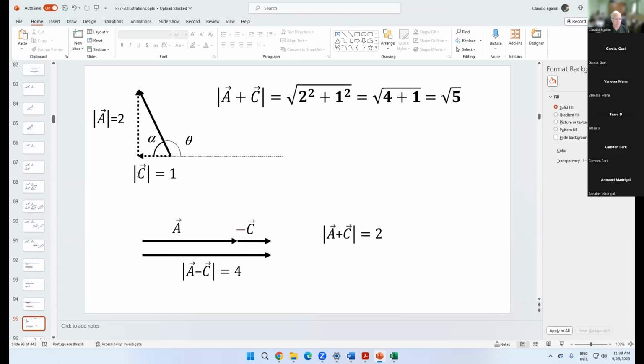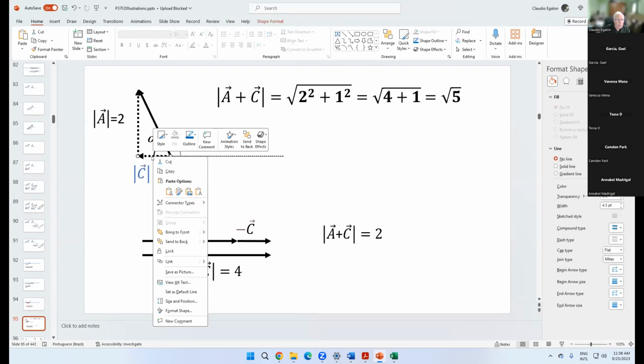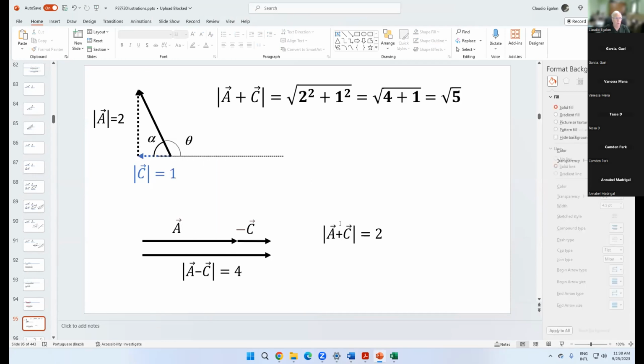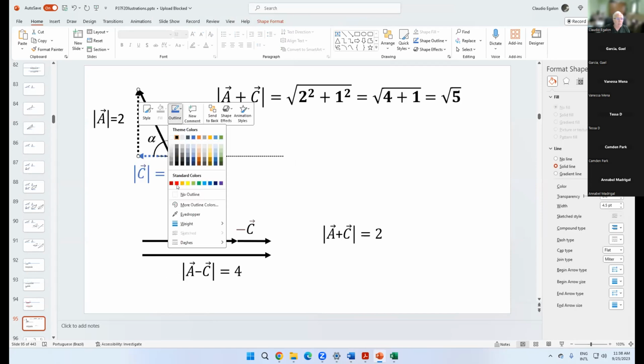Oh, I'm sorry. What we have here is the following. We have the vector C, and we have also the vector A. I'm going to put that in red color, just like we did before.